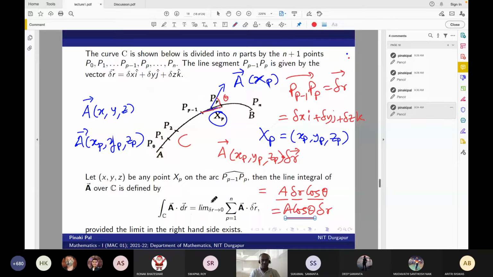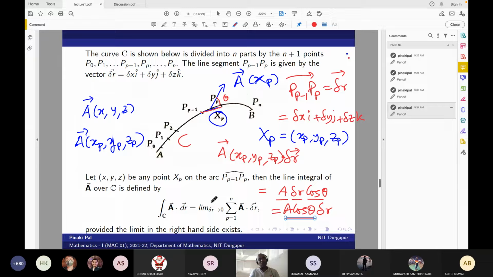This line integral is the only way, and not necessarily will the work done be the same if the particle follows different paths. If it is the same, then the force field is called conservative. Probably you know, if the work done by a particle in moving from a point A to another point B following different paths is the same in all the cases, then the force field is conservative, like the gravitational force field.